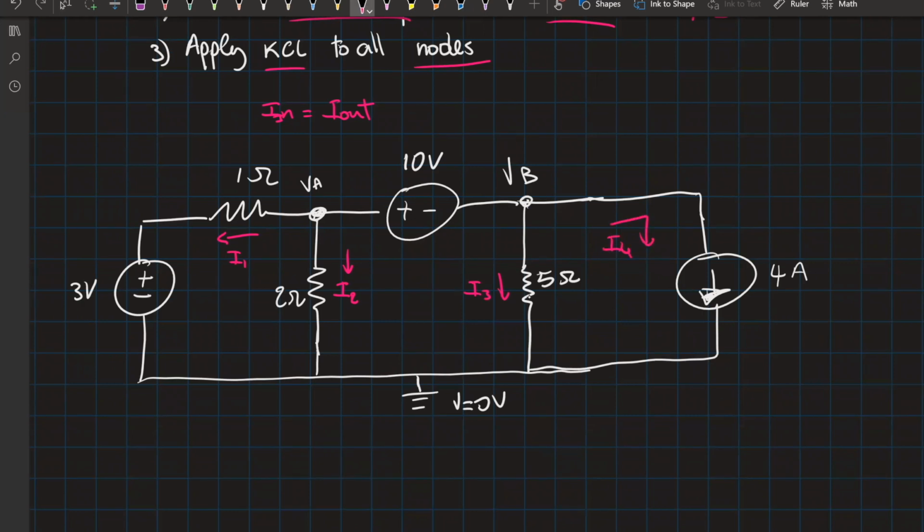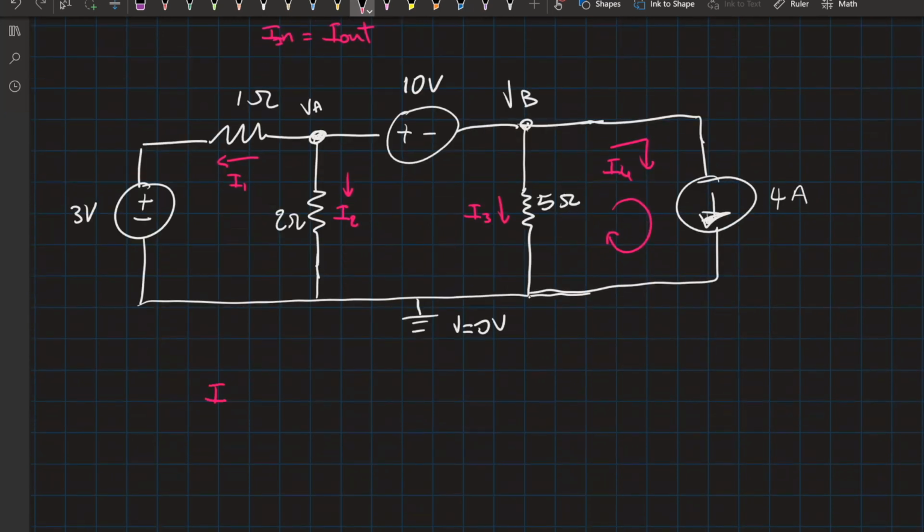And we can tell from here that I4 will be equal to 4 amps, which is the current going through this loop here. So for the current going in is equal to the current going out, we have 0. There's no current going inside of the nodes. But for the current going out, we have I1 plus I2 plus I3 plus I4, which we know is 4 amps.